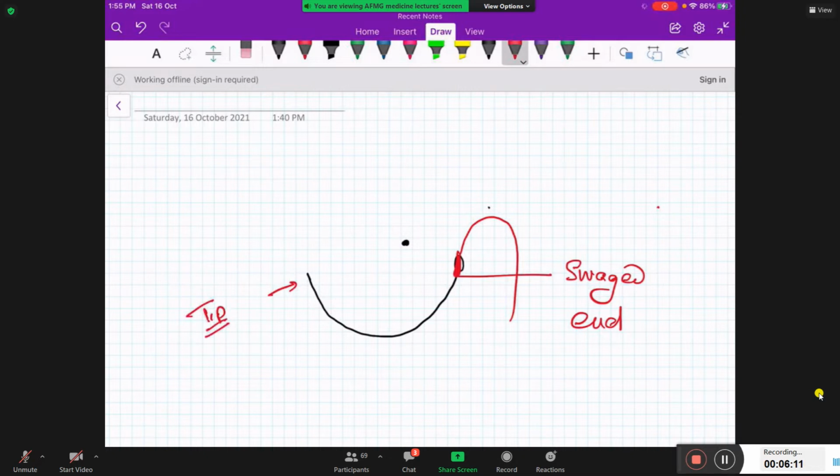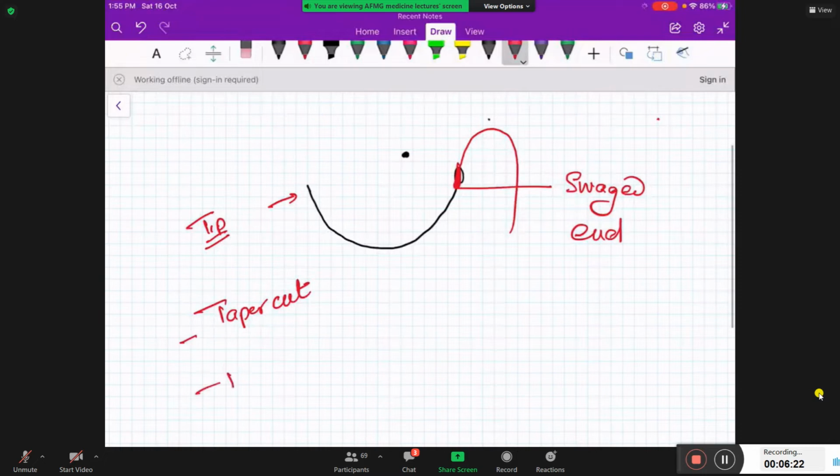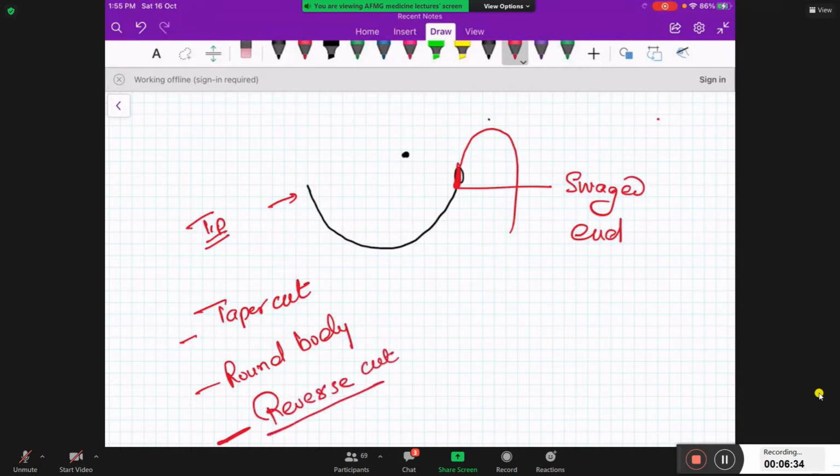Now in the tip of the needle, very important, we can have a taper cut needle. We can have a round body needle. We can have a reverse cut needle also.